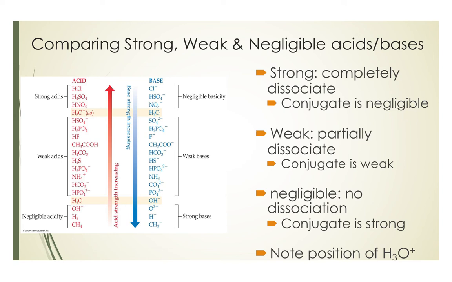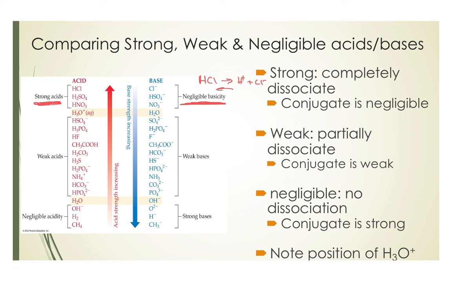And it turns out that if I have a strong acid, any of those ones that we learned, the conjugate of those is going to be something where the basicity is negligible. Okay, so a strong acid will give us a negligible base on the other side. And the reason for that, again, is these completely dissociate. So like in the case of HCl, if I go to H+ and Cl-, this reaction is not going to go in the reverse, right?